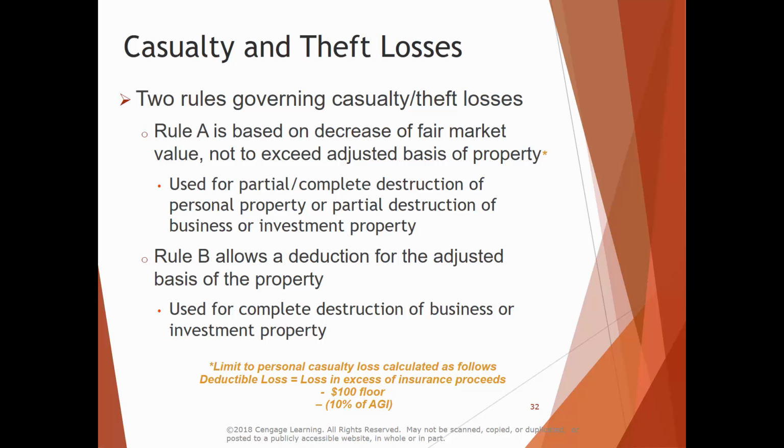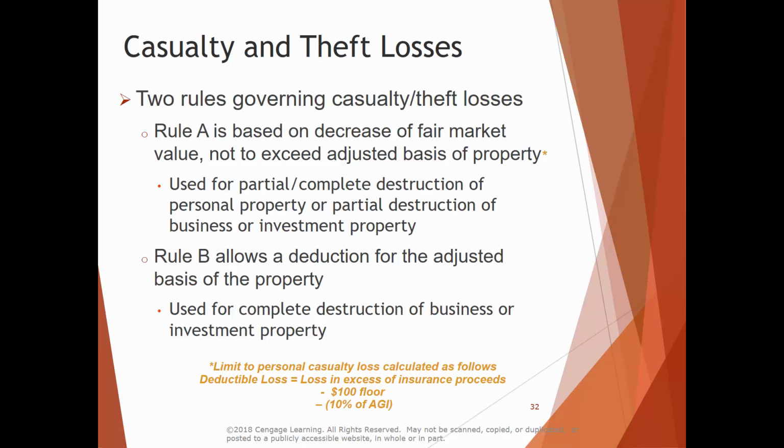Okay, so really the only thing I want to talk about is what a casualty loss is, because this does pertain for federal disaster areas. It means there's been a partial or complete destruction of your property. It cannot be something that happens slowly, like erosion or termites or mold, like in our camper.